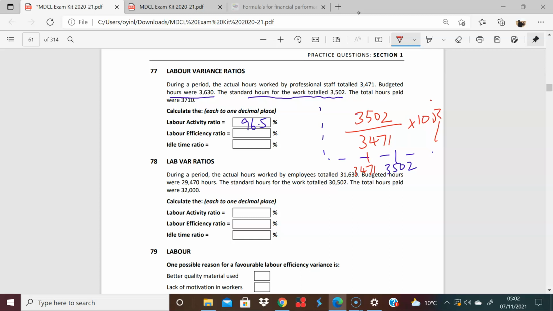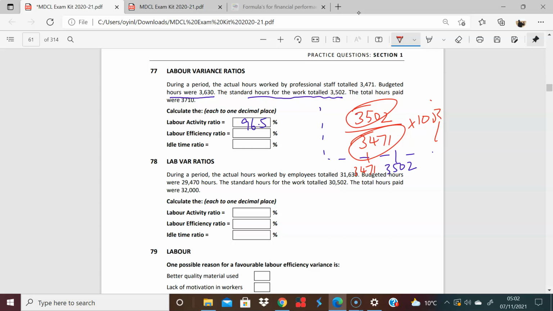So in effect, this is really measuring the speed. We want you to do it faster than what we set, and that's why we compare what we expect of you versus what you actually do on that job. That's the efficiency variance.